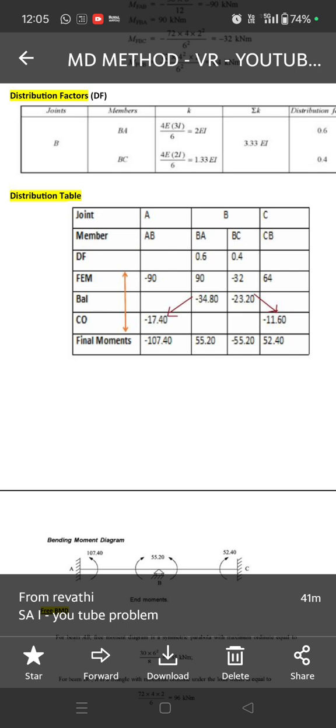Next in BC, minus 32 minus 23.2, so it is minus 55.2. And CB, 64 minus 11.6, it is 52.6. So under B, on the left end we have plus 55.2 and on the right end we have minus 55.2. Both have the same value with a different sign, therefore the cycle is closed. So this is the final end moment.